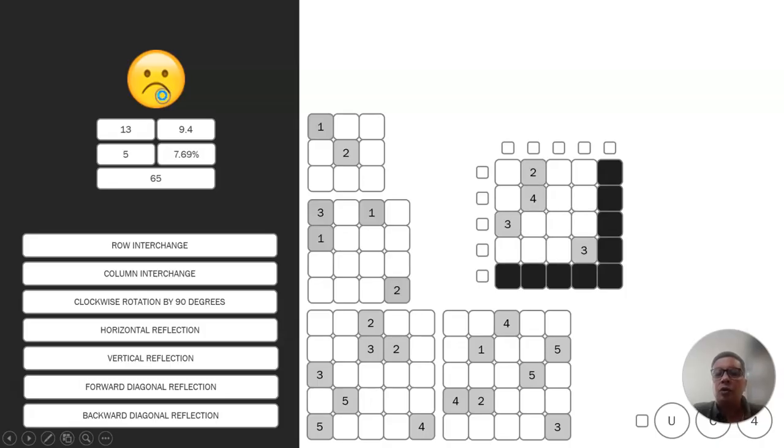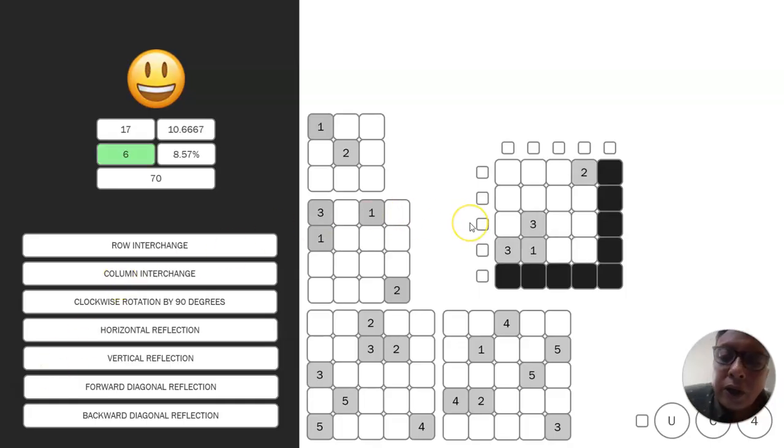Maybe I'll stop the video and we'll come back whenever I get a critical set. Okay, I have got a critical set of order 4 Latin square. The waiting time is 17, average waiting time is 10.6, and out of 70 I have got 6 successes, and the probability is 8.57%.